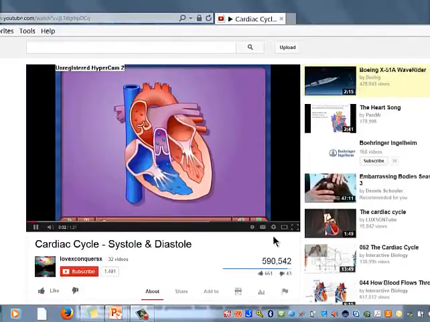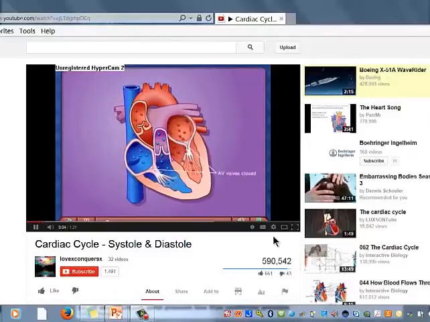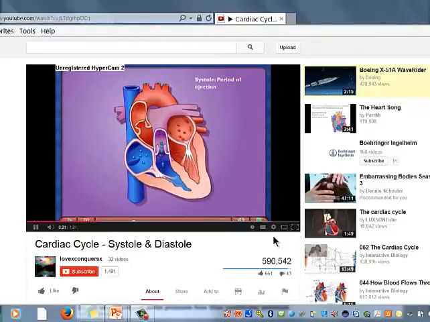Ventricular contraction causes the atrioventricular valves to close, which signals the beginning of ventricular systole. The semilunar valves were closed during the previous diastole and remain closed during this period. Continued ventricular contraction increases pressure in the ventricles above the pressure in the aorta and pulmonary trunk, causing the semilunar valves to open.